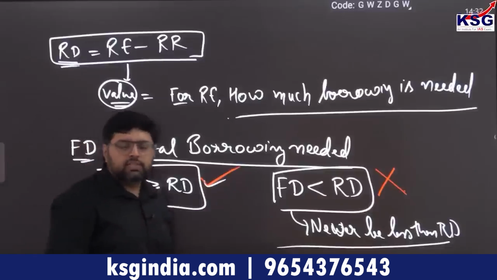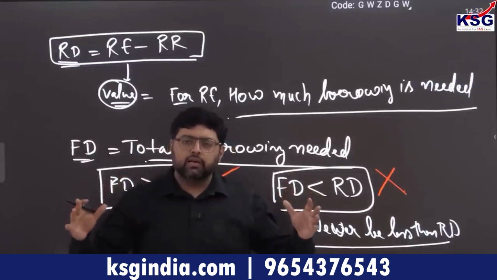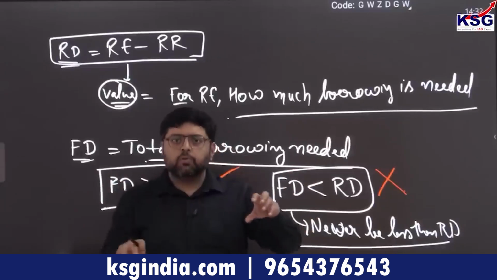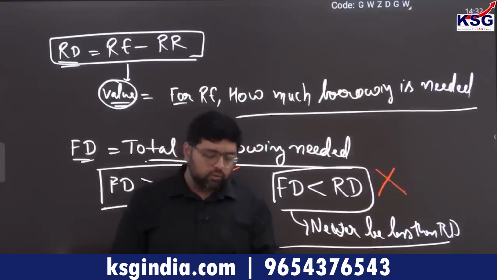Clear? So can we say that FD is a broad concept, it talks about the total borrowing needed, whereas revenue deficit says out of the total borrowing, how much is required for your revenue expenditure.